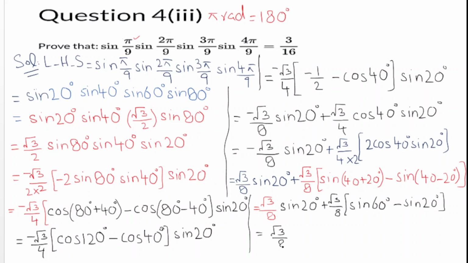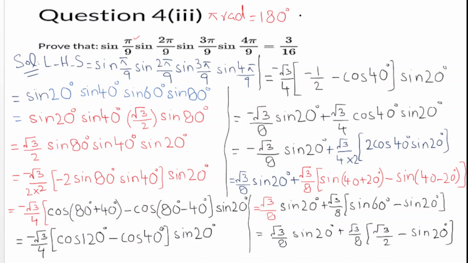We already put that value. So let me write sine 20 times square root 3 by 8, and then again times square root 3 by 2. That's the value of sine 60, and then negative of sine 20. Okay, so I hope until here all of you understand.